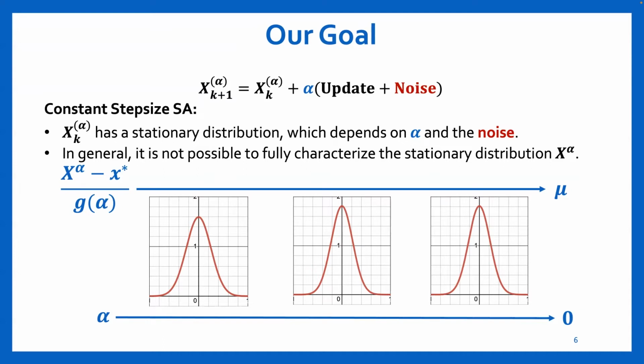This scaling function g of alpha is very important in this work. It must be chosen very carefully, otherwise we get some trivial distribution, either a point mass or some flat distribution. So we want to characterize the stationary distribution under the condition that we choose the correct scaling function.